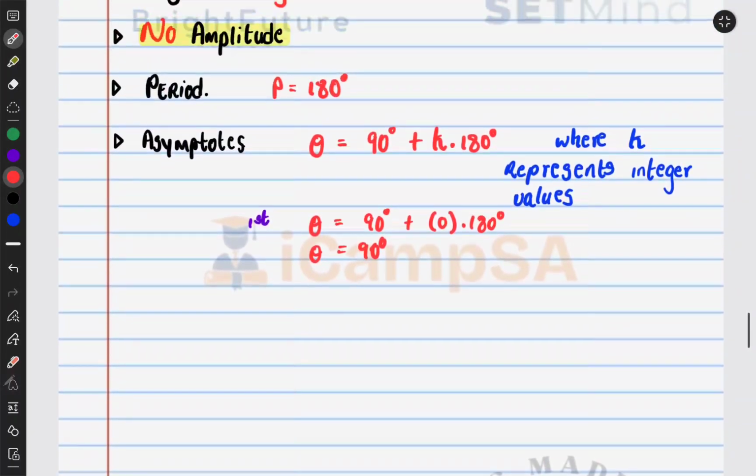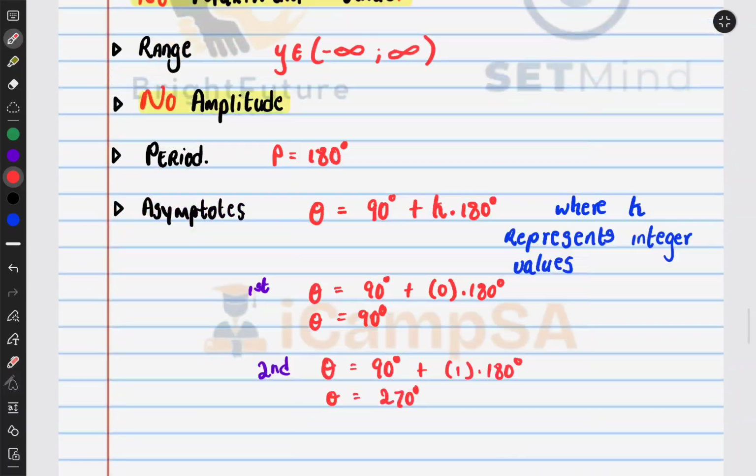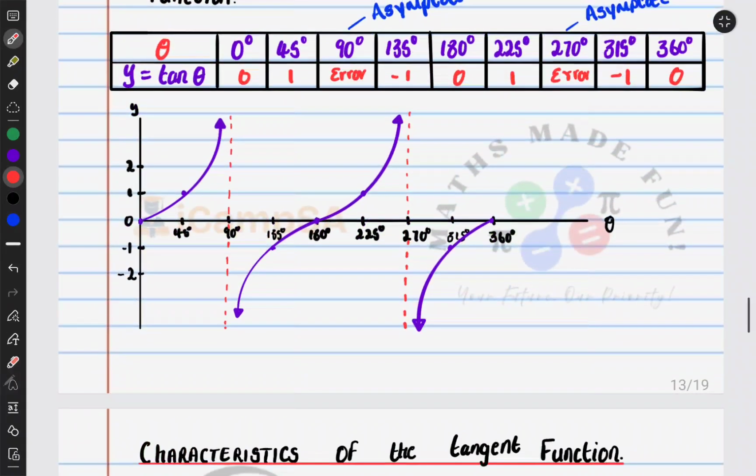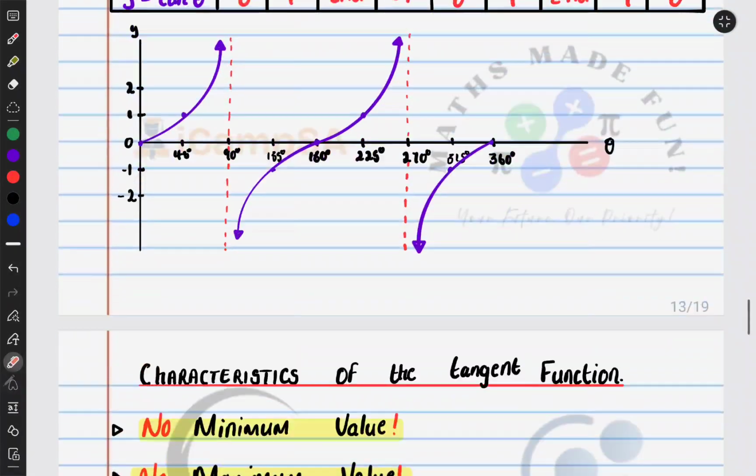And then the second asymptote will be at theta is equal to 90 degrees plus 1 multiplied by 180 degrees, which would be theta is equal to 270 degrees. And that is that second asymptote that we have here at 270 degrees.